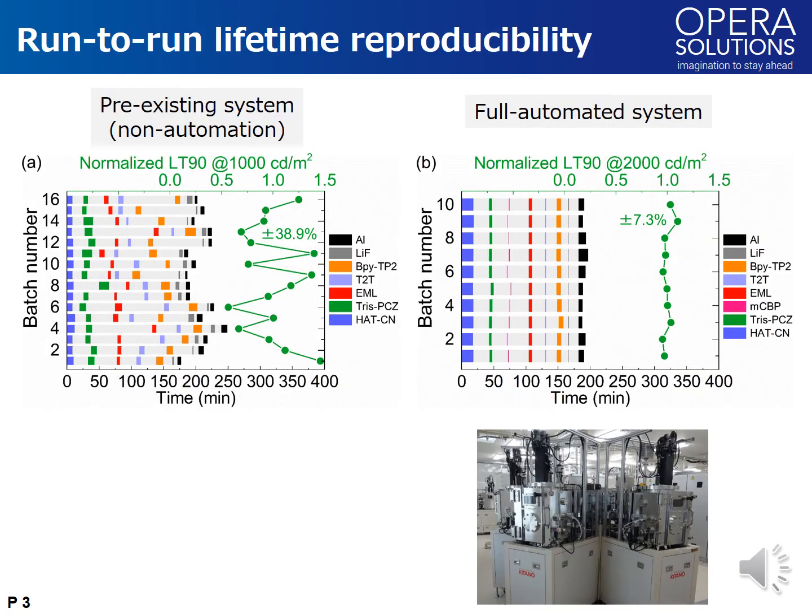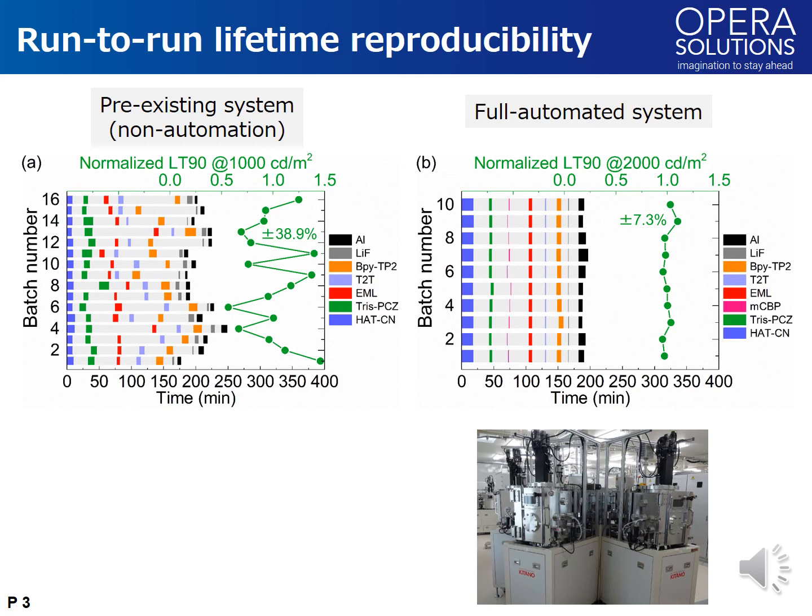We ensure the reproducibility of OLED lifetime by utilizing an automated VTE system. The top two figures show the run-to-run variations in the time spent for VT runs for making exactly the same OLED architecture. Also, the corresponding OLED lifetime data are indicated in the figures.